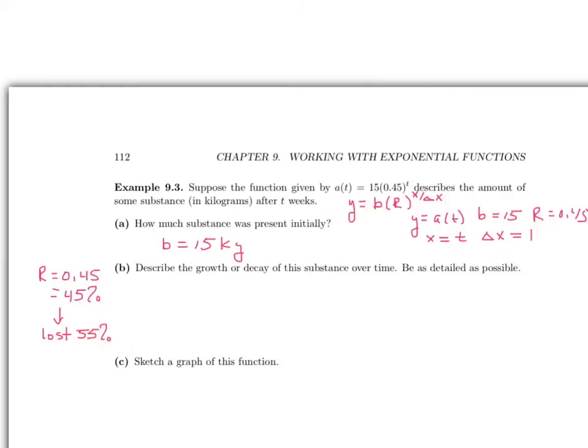To describe this substance's behavior over time, we would say that it is decaying because we're losing substance. The substance decays by 55% every 1 week. That gives us a fairly detailed description of the decay.